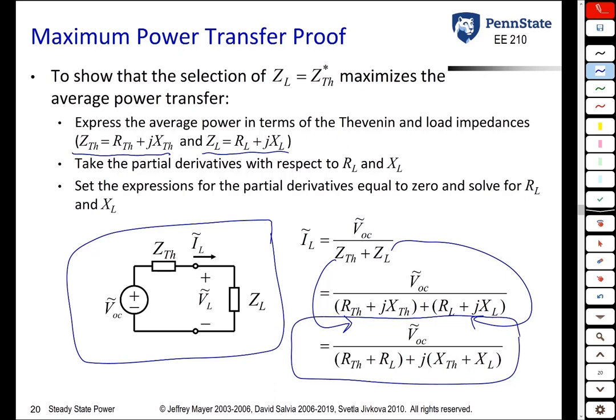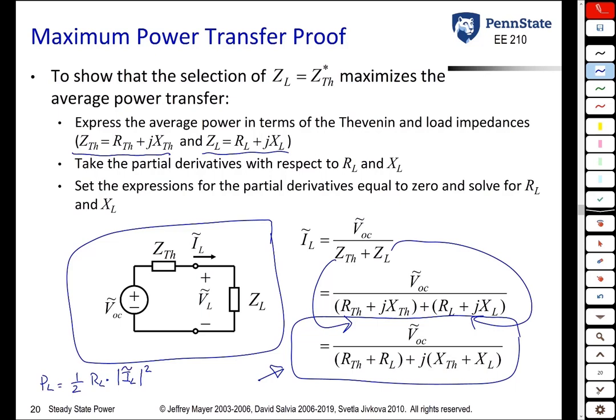What we're going to do now is use this expression to find an expression for the power absorbed by the load, and then take its derivative with respect to both XL and RL and set them equal to 0. So if you recall, the power absorbed by the load is 1/2 times the load resistance times the magnitude of its current.